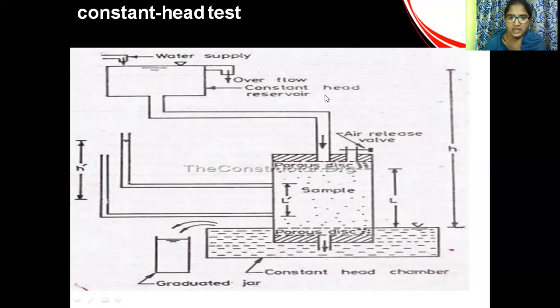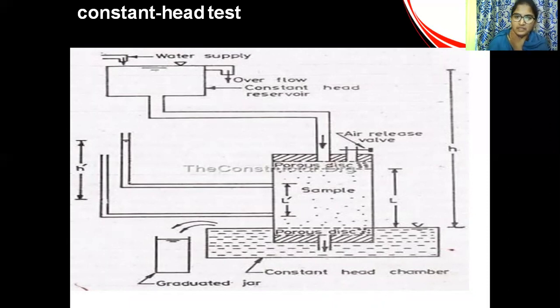With the constant head reservoir, the sample is compacted layer by layer, but here we compact only partially. Why? Because if we compact fully, water cannot flow through the soil particles. That's why we use partially compacted soil.